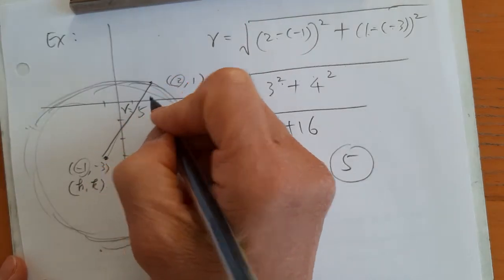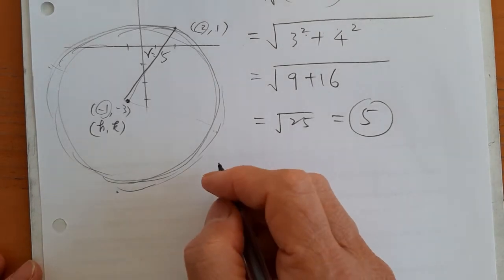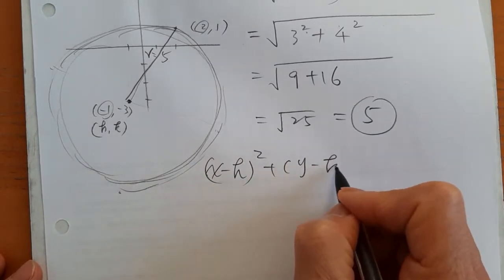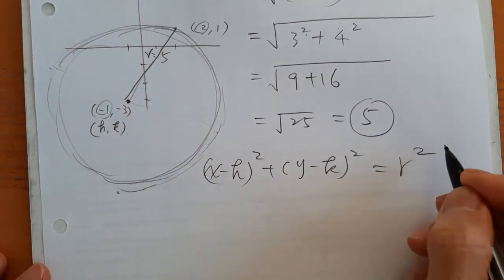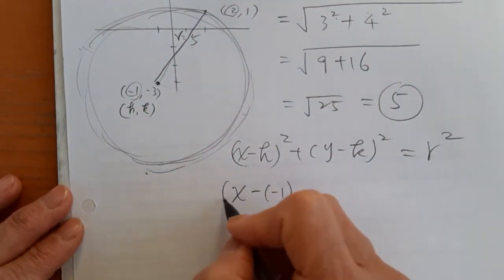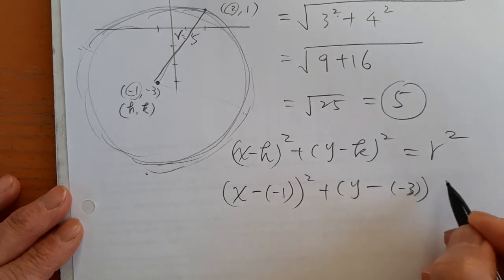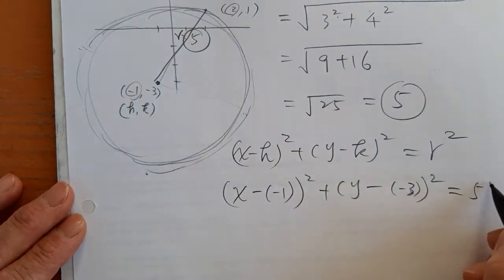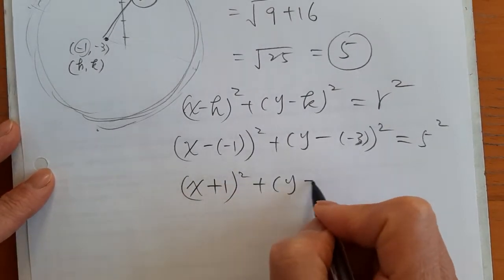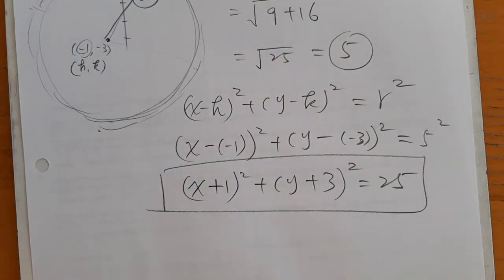So the radius is 5. Then you plug into the circle equation, (x minus h) squared plus (y minus k) squared equals r squared: (x minus -1) squared plus (y minus -3) squared equals 5 squared. Simplify it and get (x plus 1) squared plus (y plus 3) squared equals 25. This is the equation of this circle.